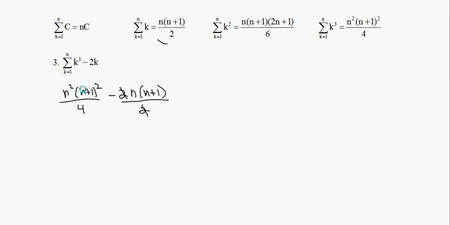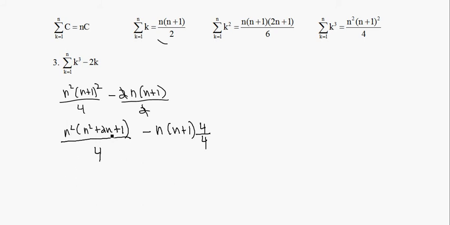And I'm going to multiply this n plus 1 quantity squared, so that's n squared plus 2n plus 1 all over 4 minus n times n plus 1. Counterproductive here because I need a common denominator of 4, so I'm going to multiply this one by 4 over 4.